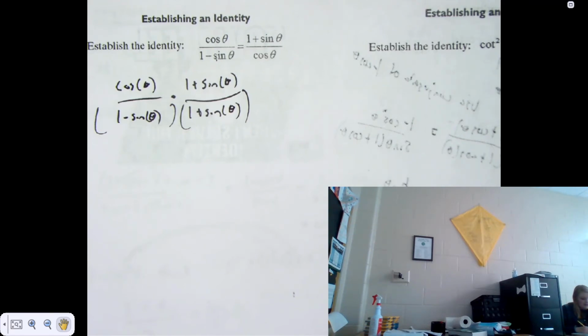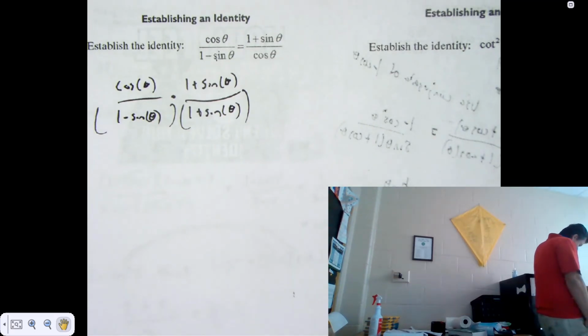Like take the cosine out of the top and then you have sine of cosine plus 1 and then that matches up with the bottom so you can cross this out and you just have 1 minus sine on the bottom. I'm not saying there's not another way of doing it. Like instead of foiling these, could you just take the cosine out of these 2 pieces and then cross those 2 out?